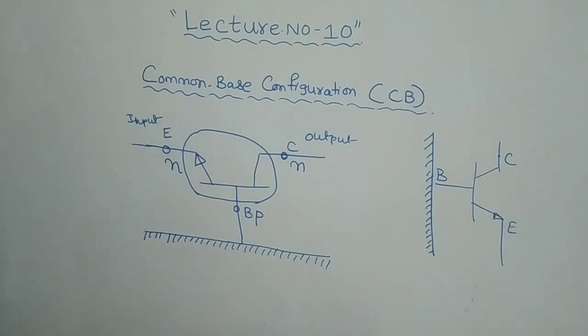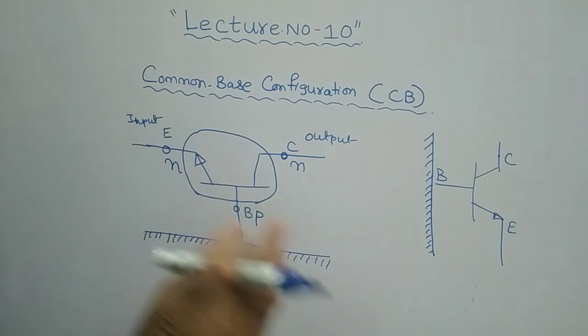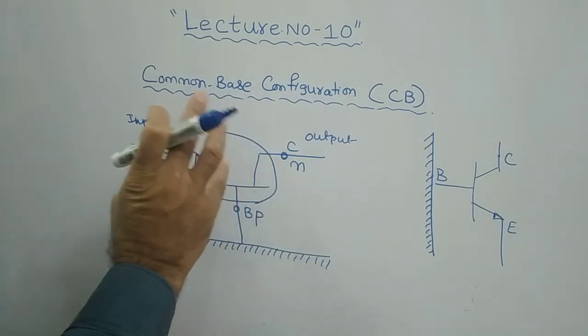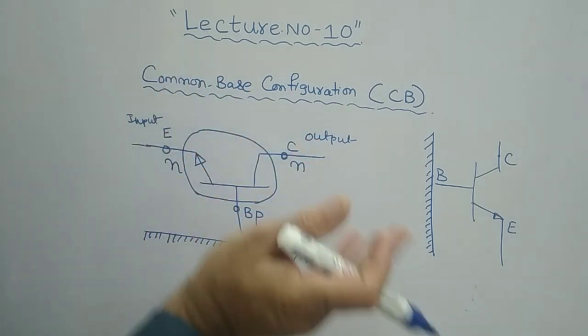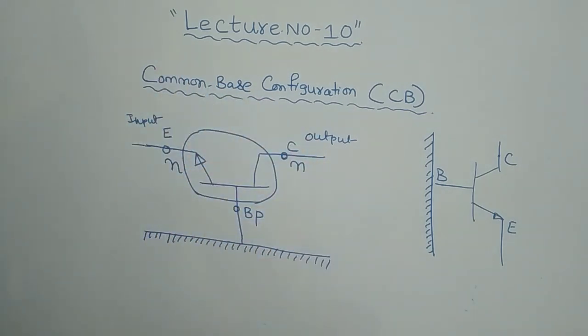Here the very important point to remember is, what is our main purpose of putting the transistor into common base configuration, common emitter configuration or common collector configuration? Why should we operate the transistor in this configuration?